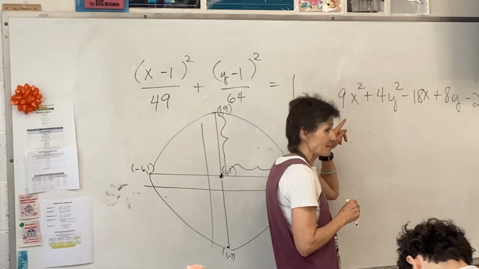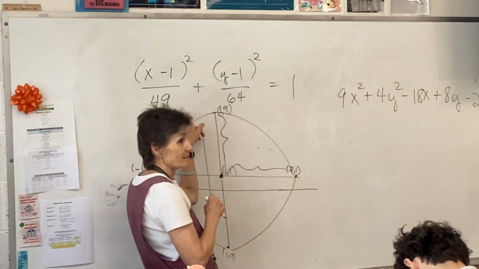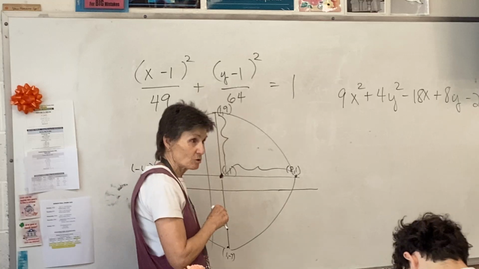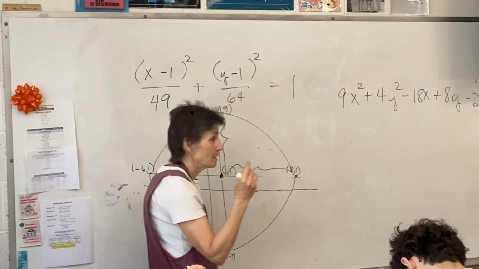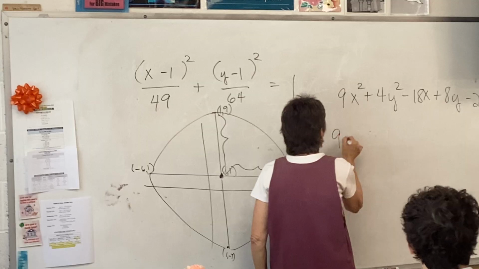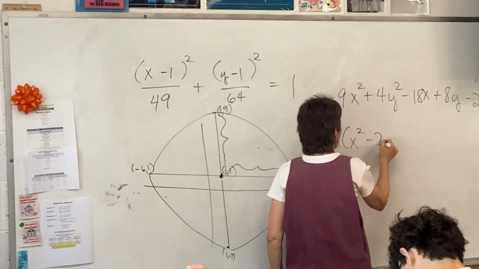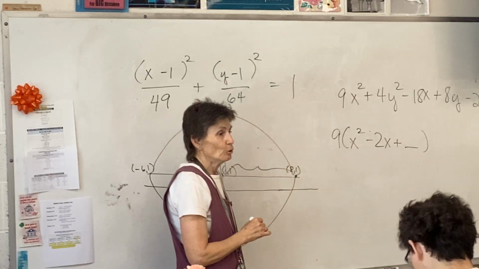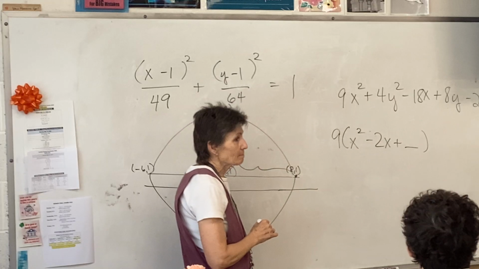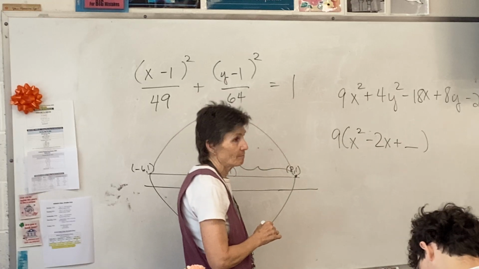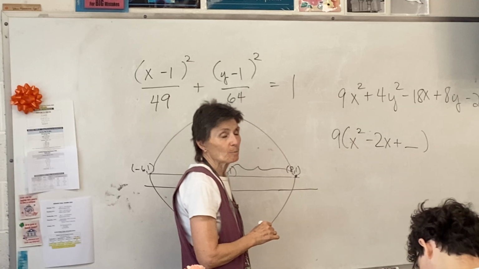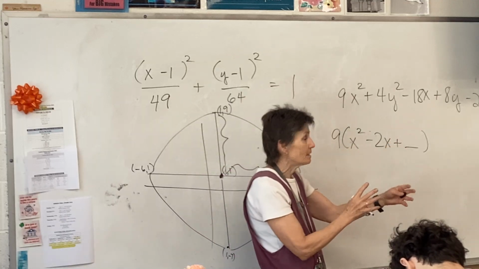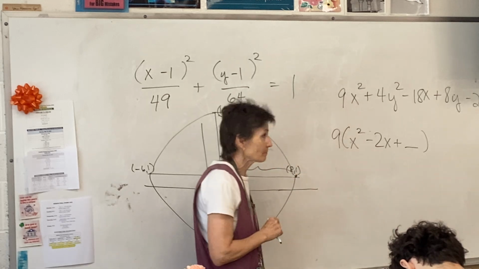Now, we need to somehow make that look like this. So we're going to complete the square twice. Group your x's and take out a 9. You know that the process of completing the square means adding a number in, so I left a space for that.